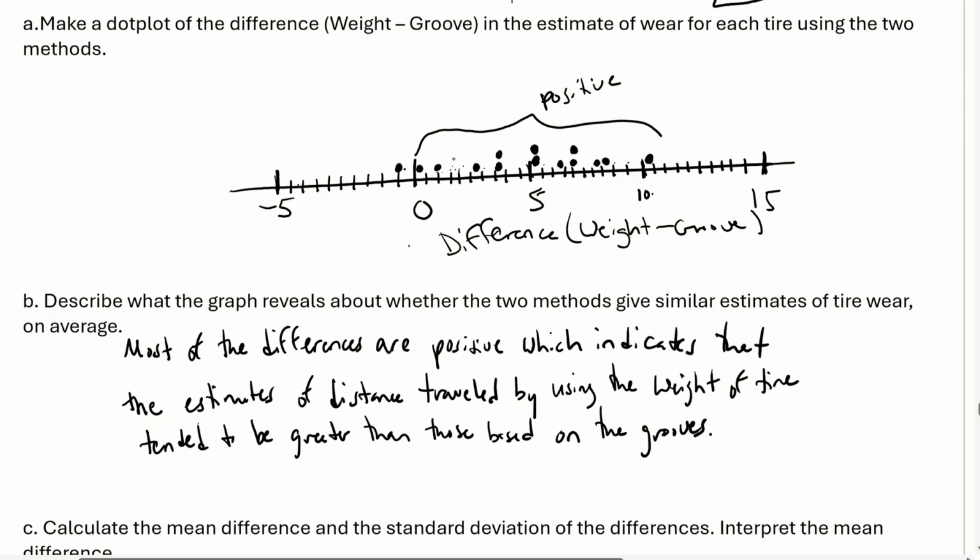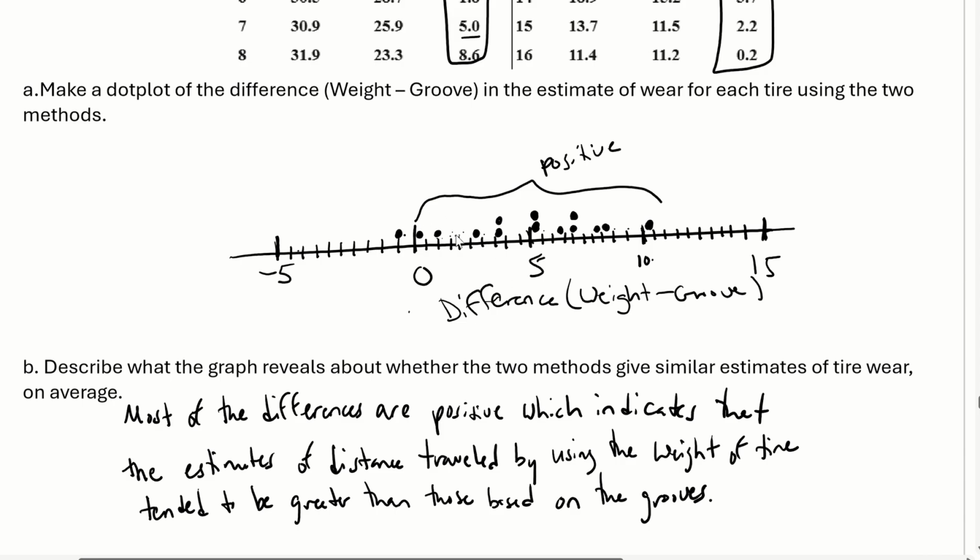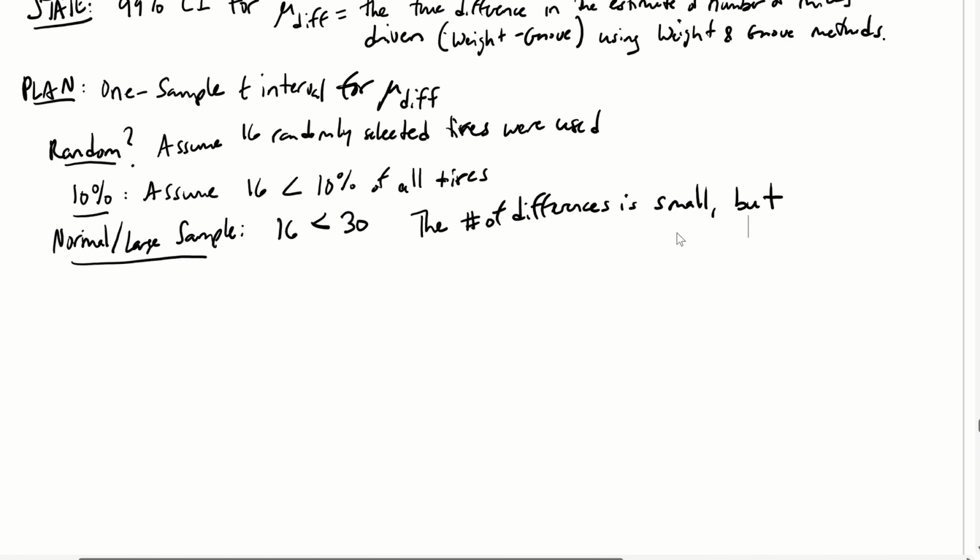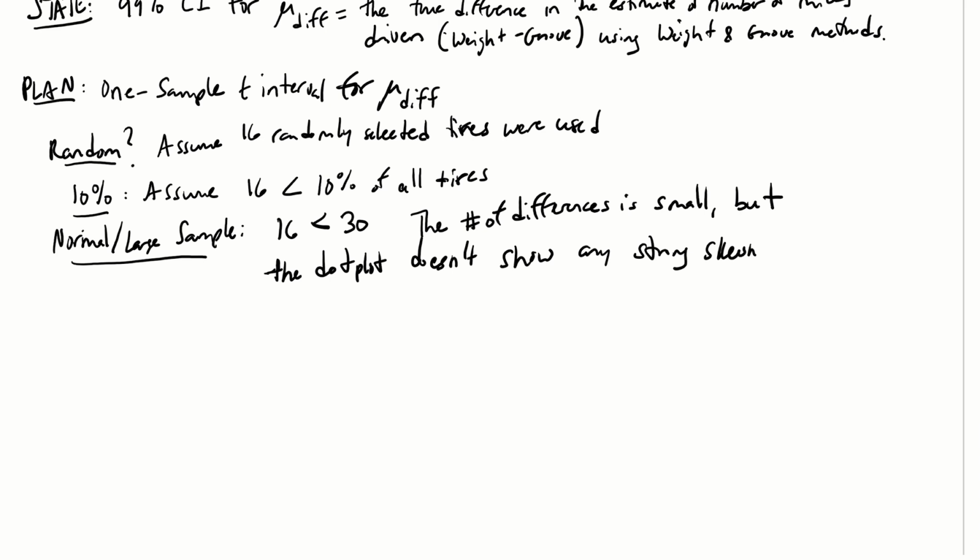So if we look at the graph, we can see the number of differences is small, but there is no strong skewness or outliers based on the data, right? The dot plot doesn't show any strong skewness or outliers. And then we can proceed with the do.